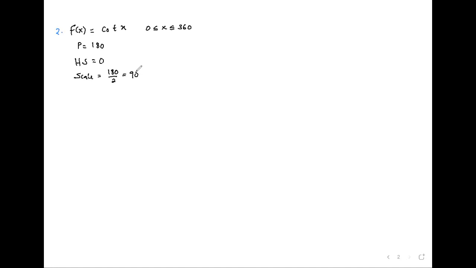Then we form a table starting from the horizontal shift. We have 0 there, and then 90, 180, 270, 360. And then this is x. Then f of x is there. Then we start. What is cot 0?